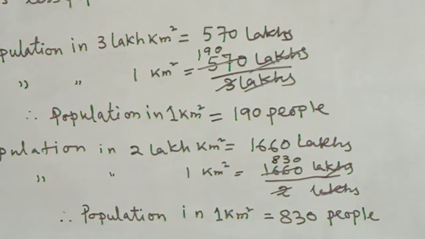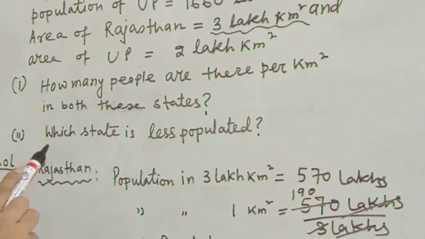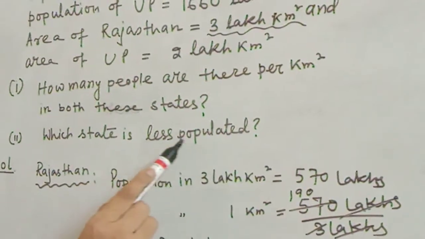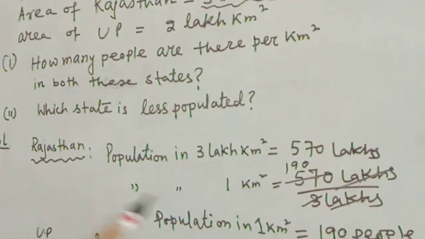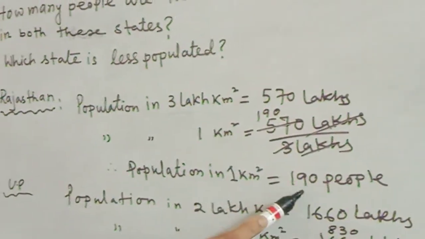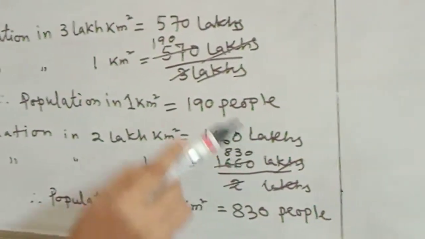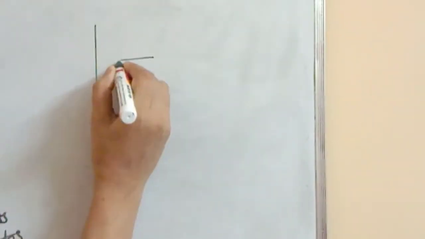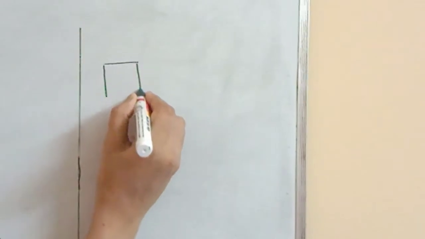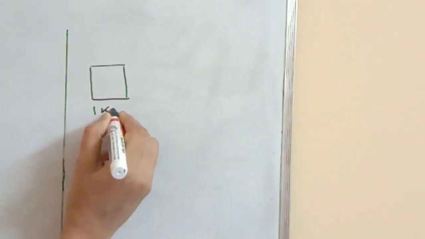Now the next question is, which state is less populated? See, in Rajasthan, 1 kilometer square has 190 people and in UP 830 people. Think about this, it is 1 kilometer square area, and this is also the same 1 kilometer square area.